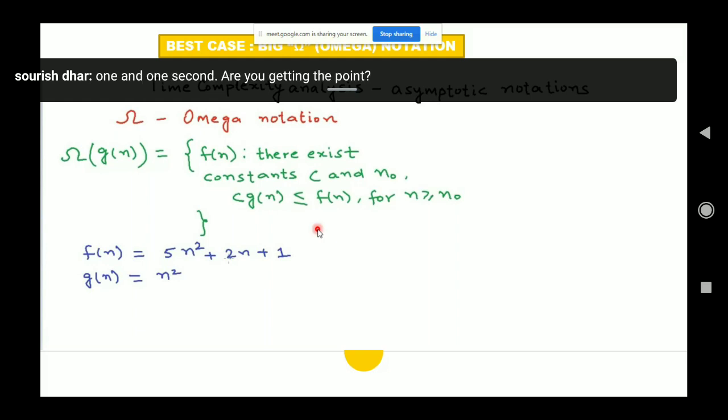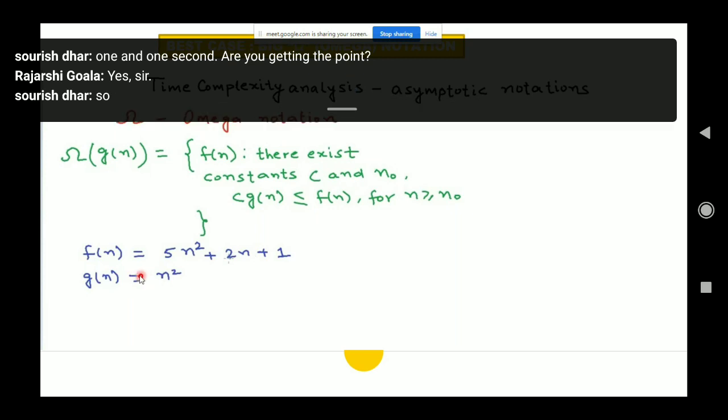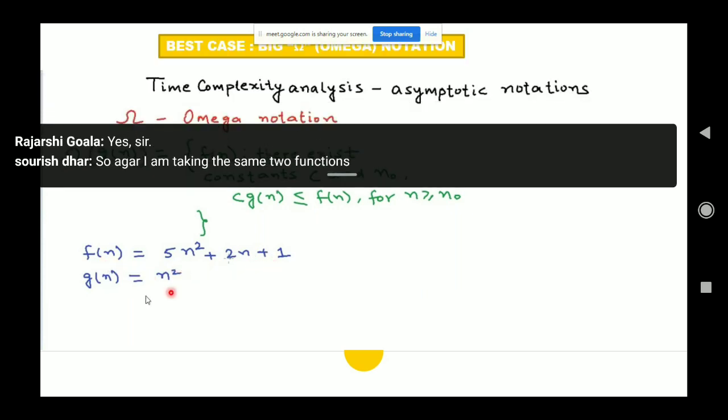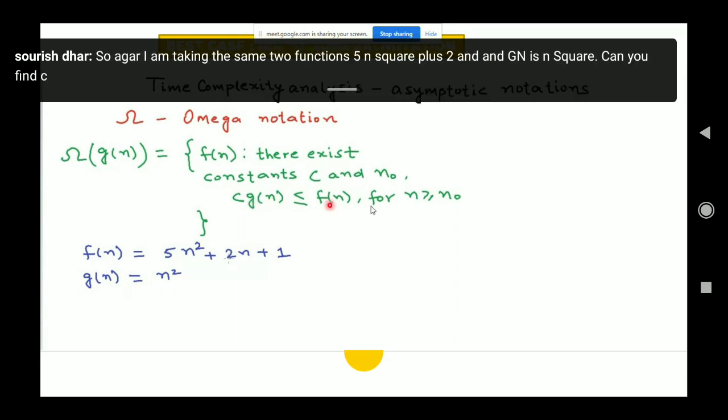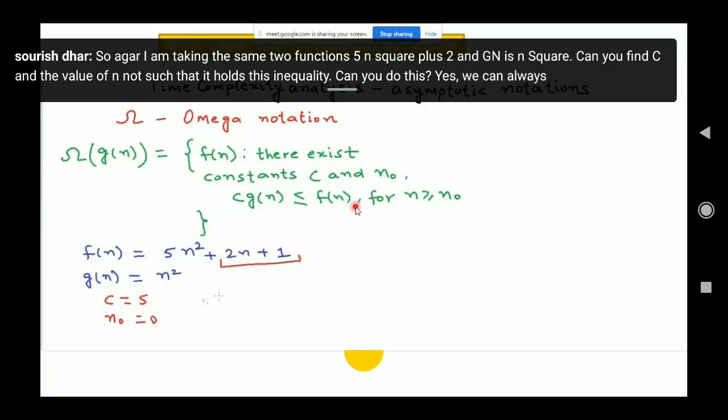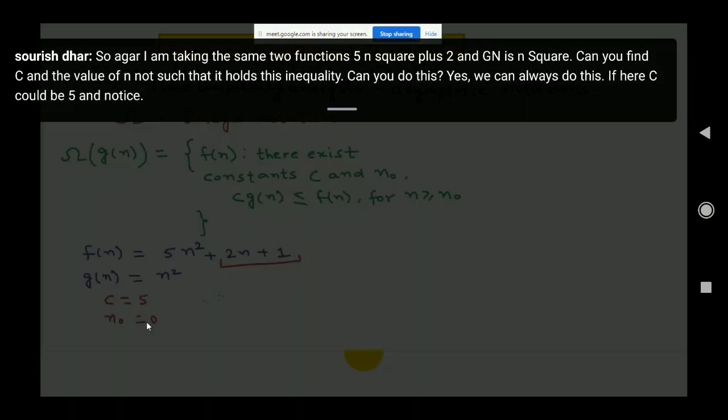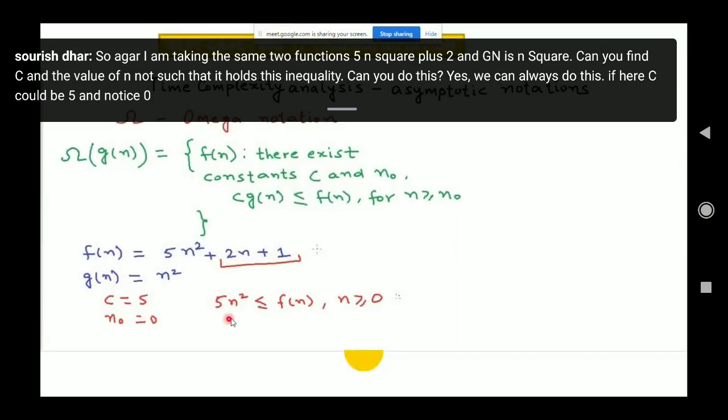So if I am taking the same two functions, fn is 5n square plus 2n and gn is n square, can you find c and the value of n naught such that this inequality holds? Yes, we can always do this. Here c could be 5 and n naught is 0, that means 5n square will always be less than or equal to fn.